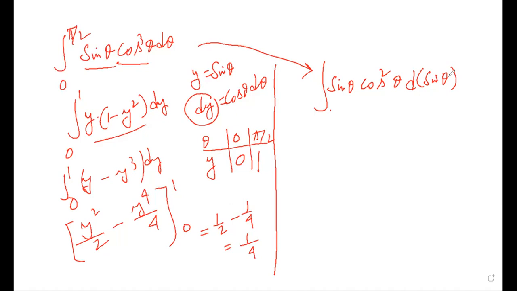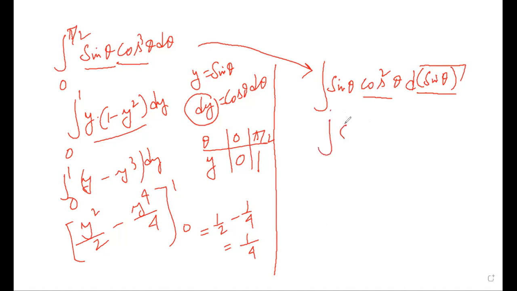So consider our variable is sine theta. Why? After the d, everything left is called the variable. So right now our variable is sine theta here. We have to change this cos square into sine square, so it can be written as 1 minus sine square.